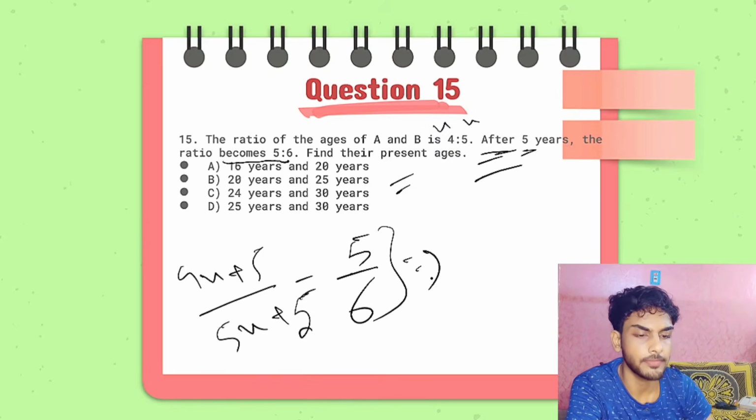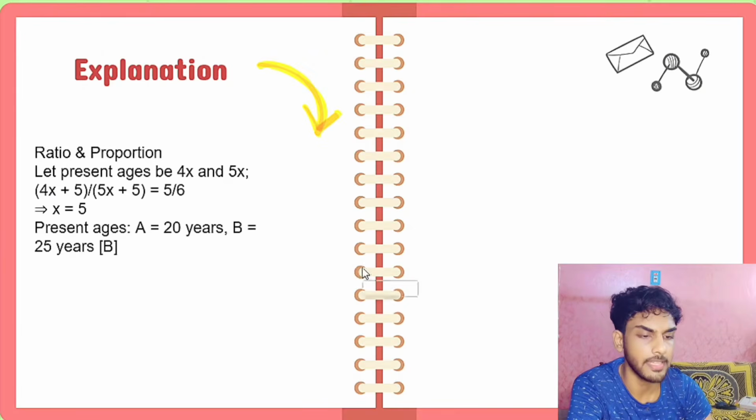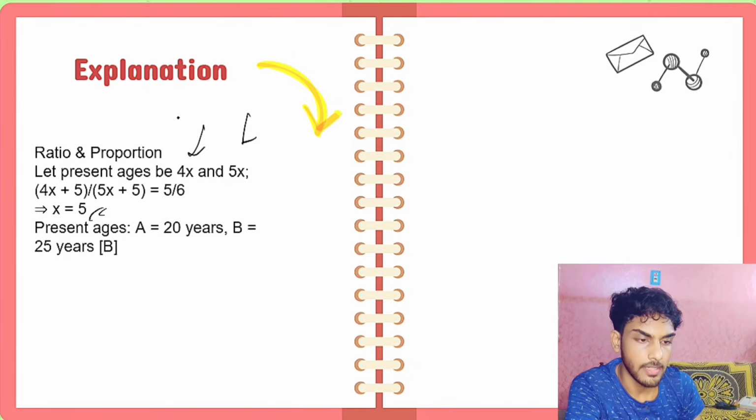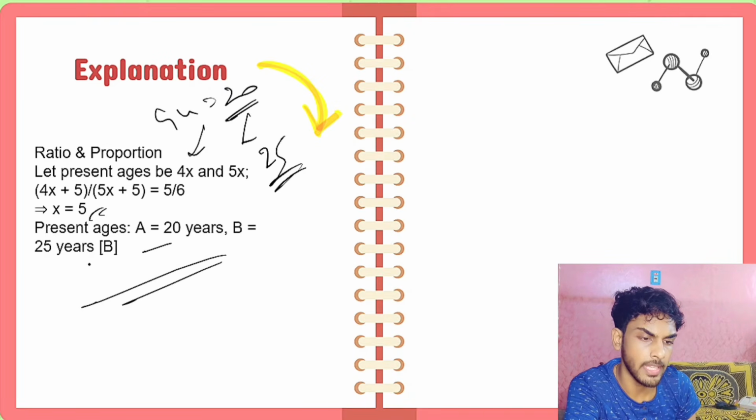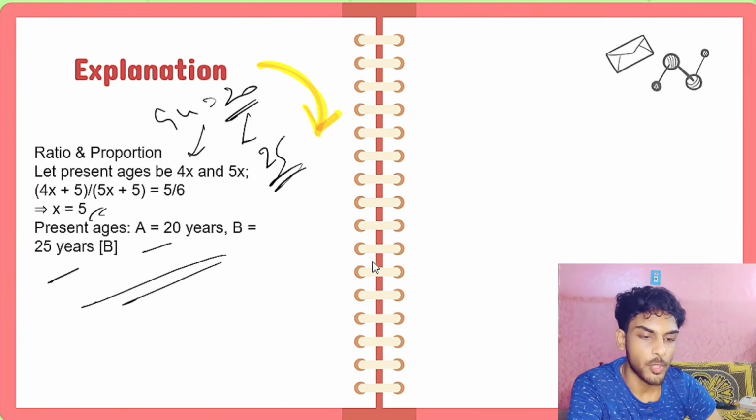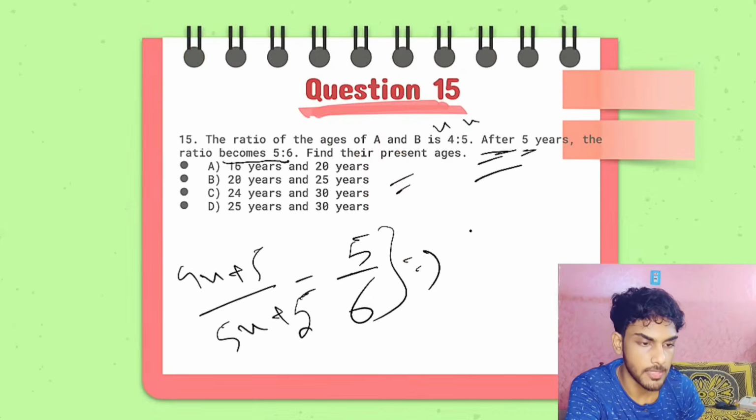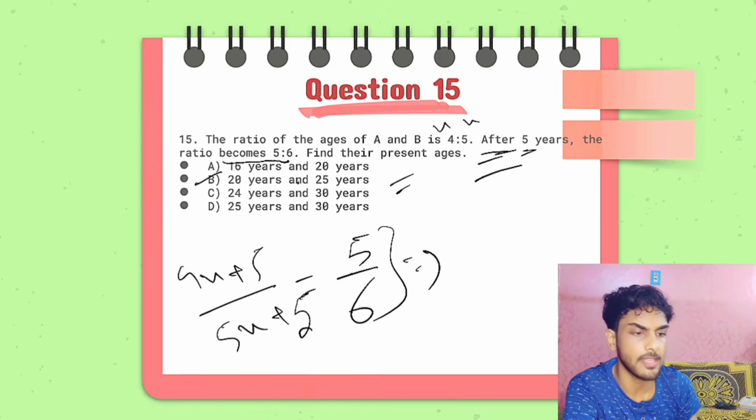If you solve this equation, you will get x equals 5. Putting it here, 4x is 4 into 5, which is 20, and 5x is 5 into 5, which is 25. So A equals 20 and B equals 25 years. Option B is the answer, the present ages.